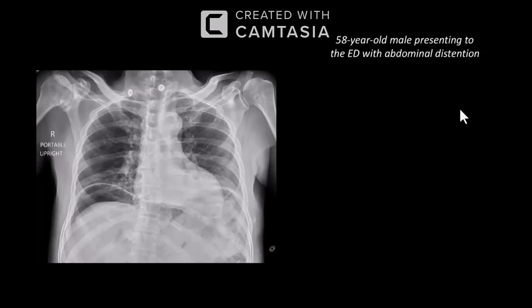Looking at the remaining chest, the lungs are clear. There's no pneumothorax or pericardial or pleural effusion. Looking behind the heart, there is opacity projected behind the heart, suspicious for a retrocardiac mass or consolidation.